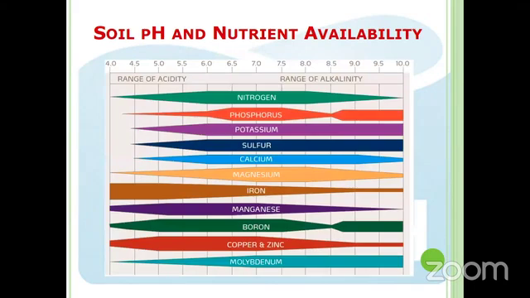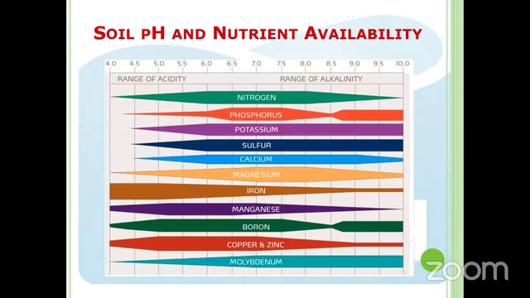Then when it comes to the soil or soil health, the major thing we check is the pH of the soil. Okay, so let us try to understand what exactly pH is.